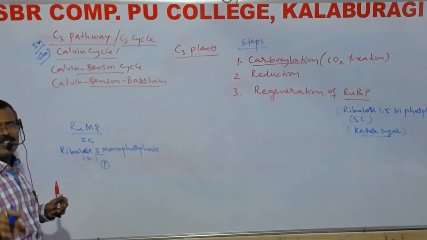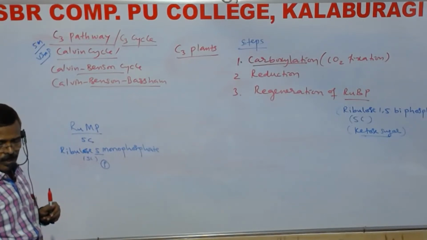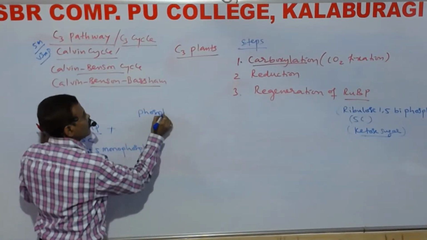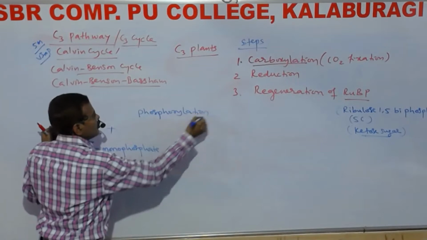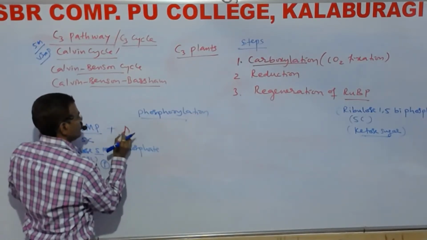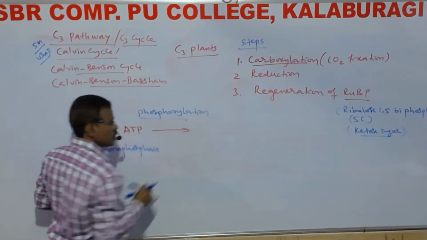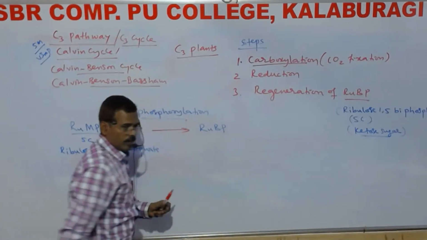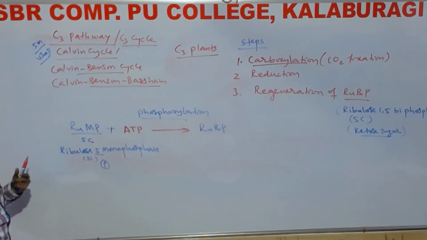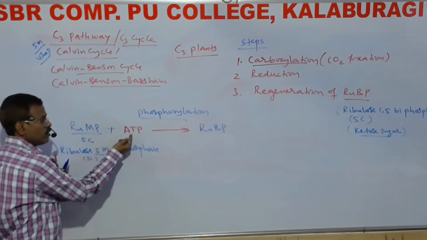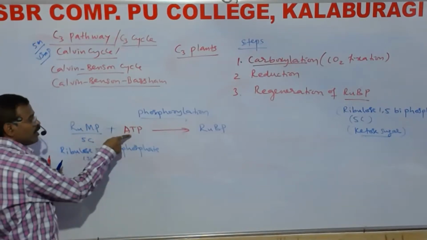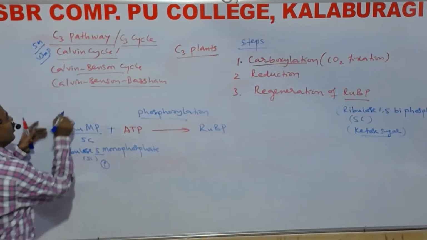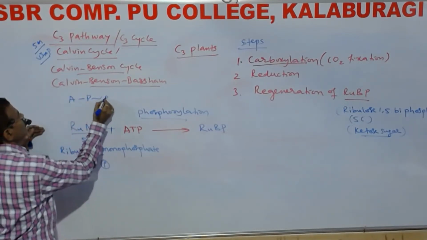That energy is provided by ATP, which is a product of the light reaction. One molecule of RuMP on phosphorylation, where ATP is used, gives rise to RuBP. Ribulose monophosphate, one phosphate is added. Here, how many phosphates will be there in ATP? 3 phosphates. Adenosine triphosphate. See, adenosine triphosphate, it will be like this.